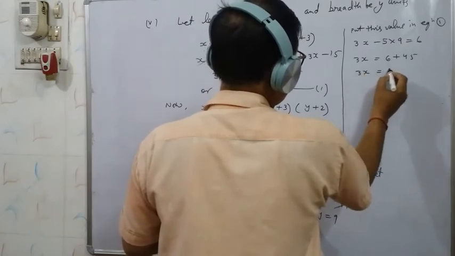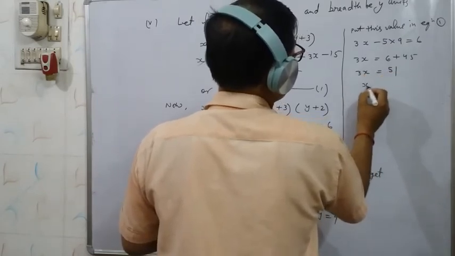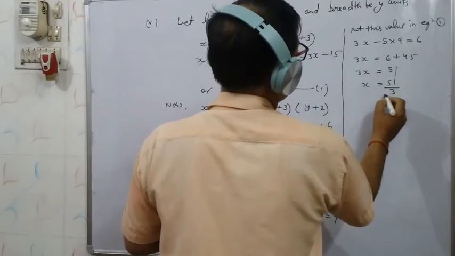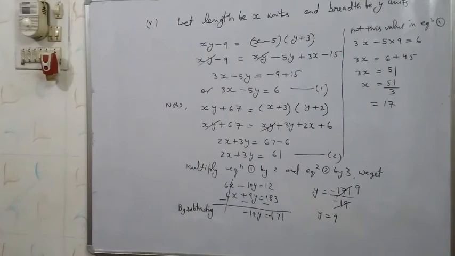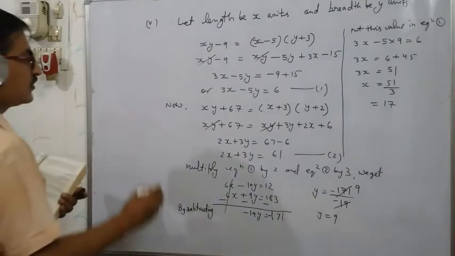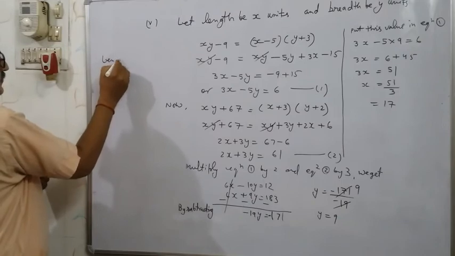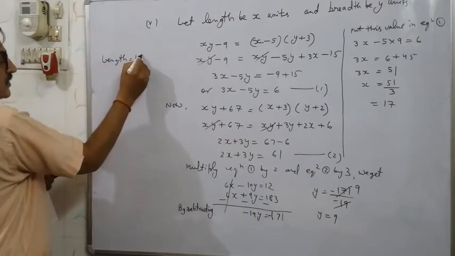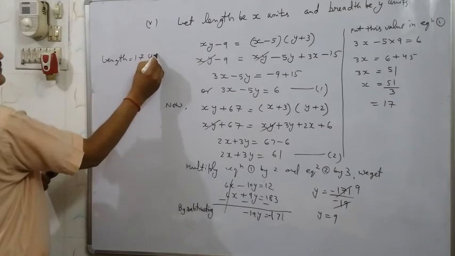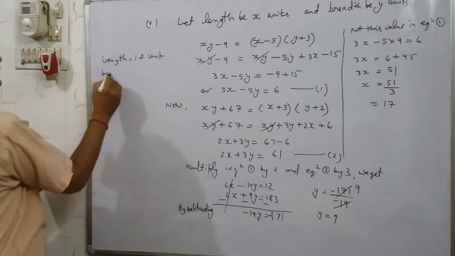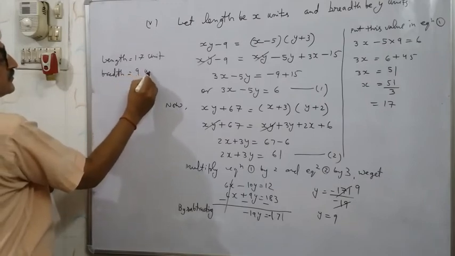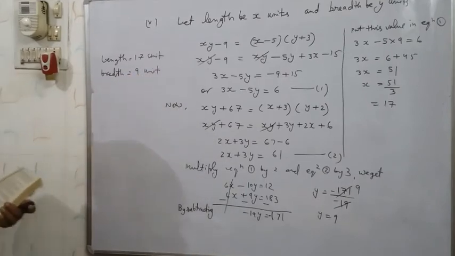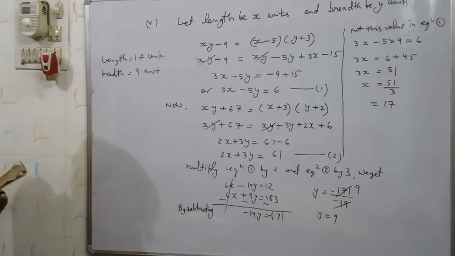So 3x equal to 51. X will be 51 upon 3, that will be 17. So length is 17 units and the breadth is 9 units. Your answer will be length 17 unit and the breadth will be 9, because unit is not given, centimeter or meter, therefore we write the unit as square units for area.